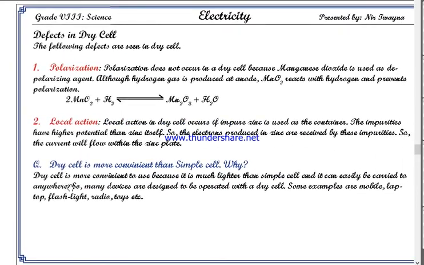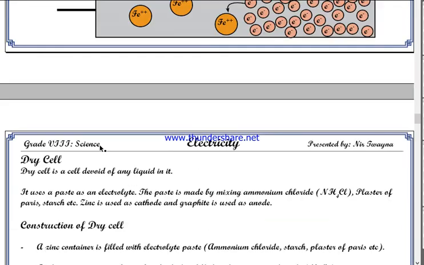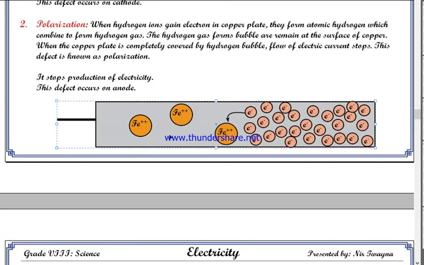Next defect is local action, and we have discussed local action in detail. See this diagram, this is zinc. Electrons are accumulated on zinc, so that zinc becomes negatively charged. Zinc becomes the negative terminal, and if the zinc has impurities, then these impurities will accept electrons for themselves.